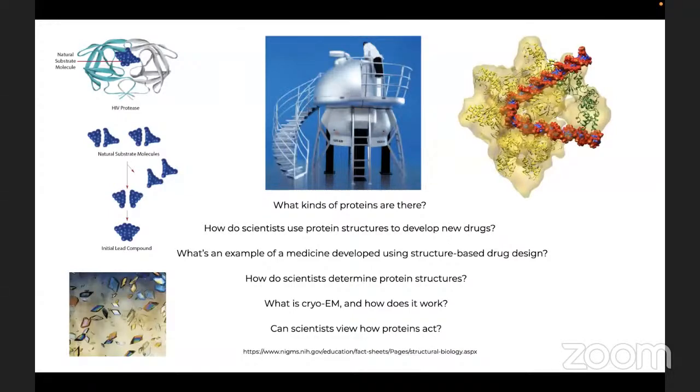Another technique is X-ray crystallography. How does that work? X-ray crystallography shoots a beam of X-rays through a tiny solid crystal made up of trillions of identical protein molecules. So one crystal has a great many protein molecules, and that crystal is placed where the beam hits it, and the crystal scatters the X-rays onto an electronic detector, similar to the way images are captured in a digital camera.